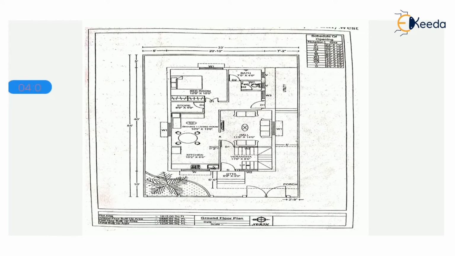For example, if the dimension of D1 is 0.9 by 1.2 meter, then wherever D1 is indicated, the dimension is 0.9 by 1.2. D2 dimensions are different, but a door of the same dimension can be placed in many different positions. That's why D2 can be indicated in many different positions. Okay, that was it. It means those doors have the same dimension. D1 and D1 have the same dimension and D2 has a different dimension.